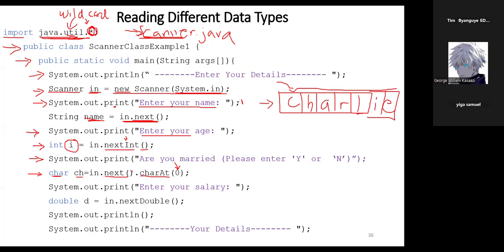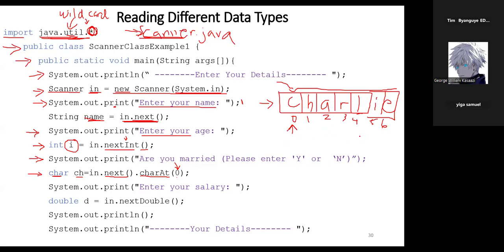But when you say in.next().charAt(0), pick the first character, because this will be 0, 1, 2, 3, 4, 5, and 6. So when you say charAt(0), it will pick whatever is at the first index. So whether you have entered very many characters, it will ignore them.